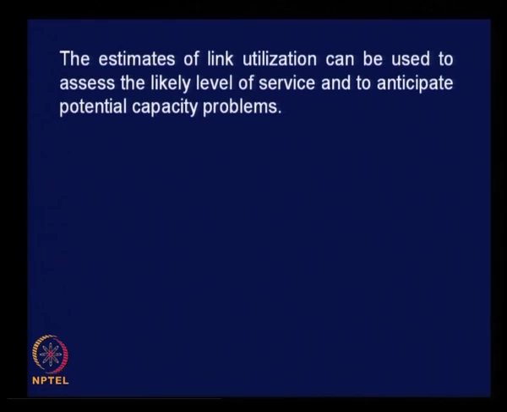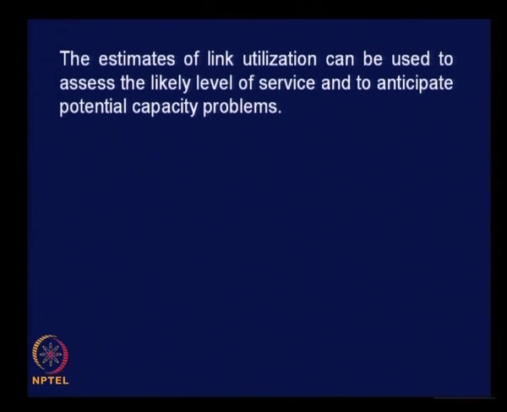Obviously, once you complete the assignment process, you will find to what extent each link is utilized or loaded, isn't it? This can be used to assess the likely level of service and to anticipate potential capacity problems. After assigning, you will come to know the actual traffic volume on each stretch of a road.